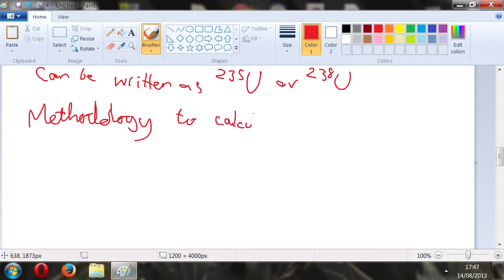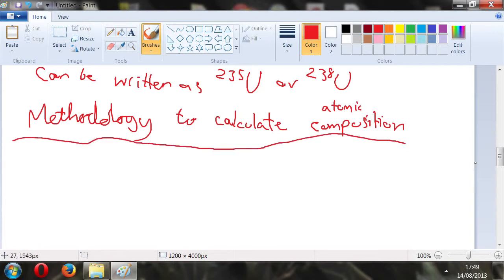The methodology to calculate atomic composition. We're going to go through some simple sums for this, but first I want to make a point about ions.